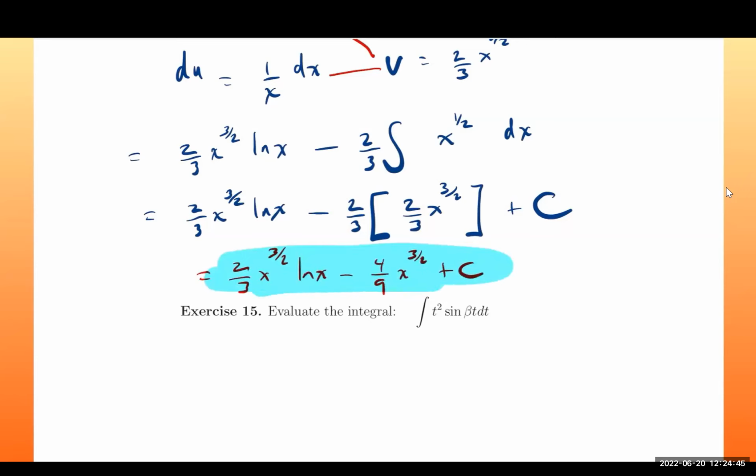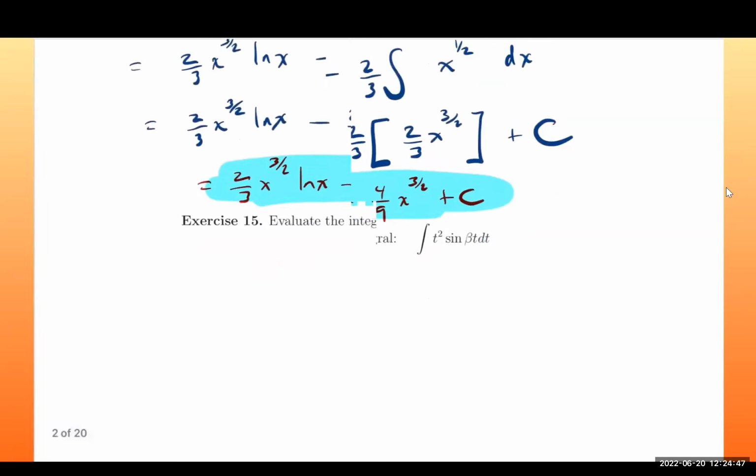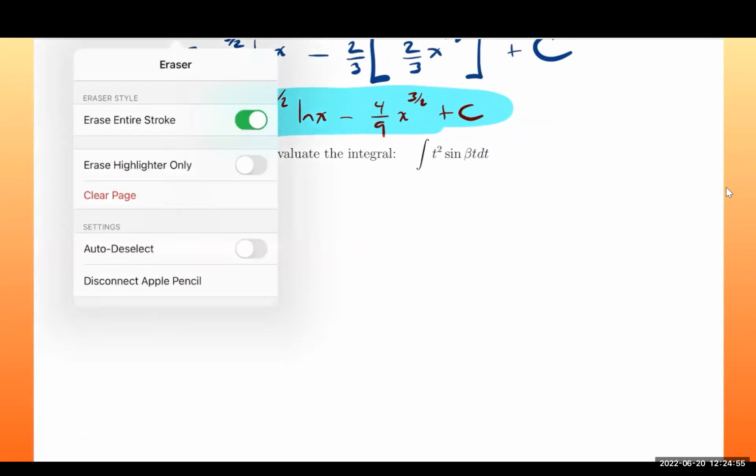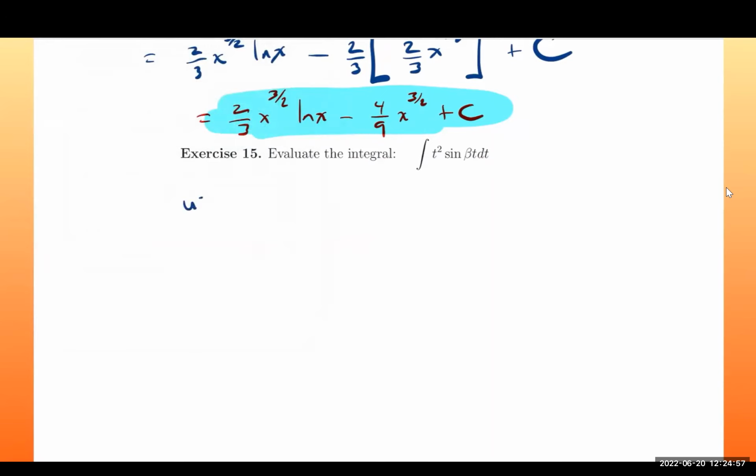All right, let's move on to the next problem. This time you have to decide what u is going to be and what dv is going to be.